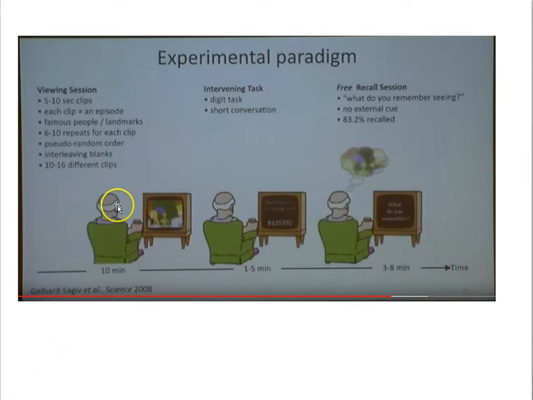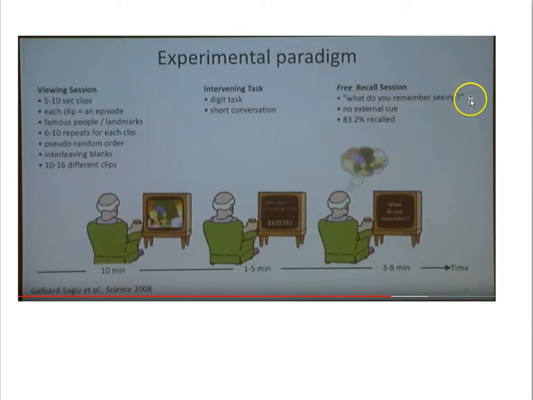They would have the subject looking at a screen on which they played lots of little video clips, and they were recording from cells in the hippocampus and other medial temporal lobe areas while the subject was watching. They wanted to find hippocampal cells that responded to certain segments of a video clip. Then they would have some kind of intervening task to create a delay, and at a later point they simply asked the subject, what do you remember seeing?